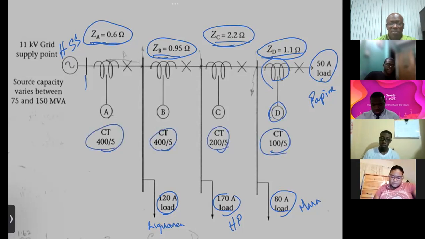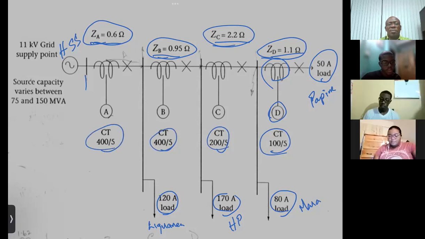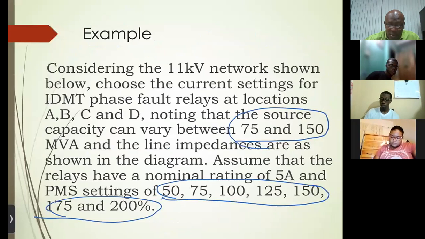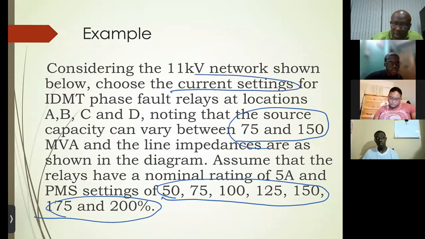We are given those. So we have for D, 100 to 5, for C, 200 to 5, 400 to 5 for B, and 400 to 5 for A. And we want to know, first task was to determine just the current setting.